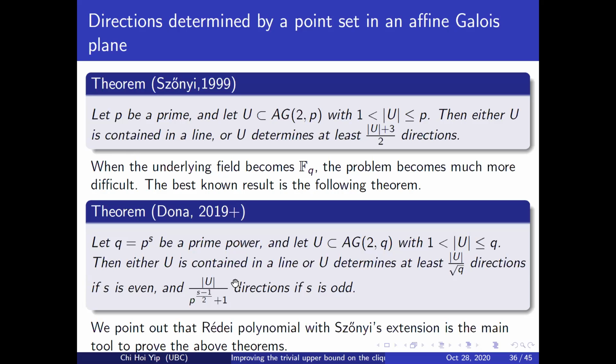When S is odd, we have a similar bound. So you can see that there is a huge gap between these two bounds, because the numerator is just about the size of the set, but the denominator here is a constant 2, whereas the denominator here is root Q. So there is a huge gap between these two theorems.